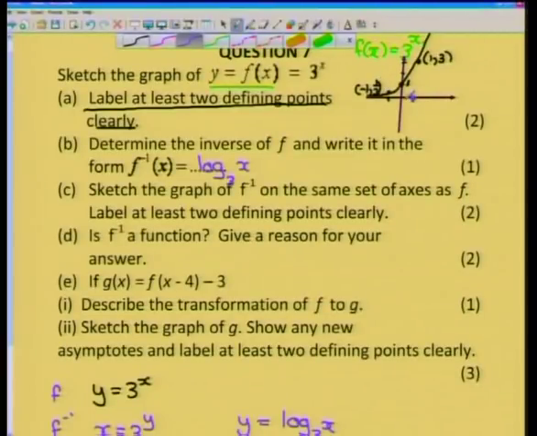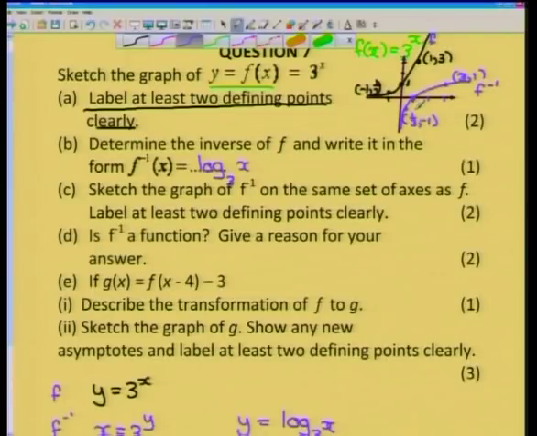But this one, 1/3 with negative 1 is. And instead of 1, 3, we can plot 3, 1, which is over here. And we can see here is our function f to the minus 1. So that was f, that's f to the minus 1. The 2 defining points are there, so it's very clear to them what you're doing.